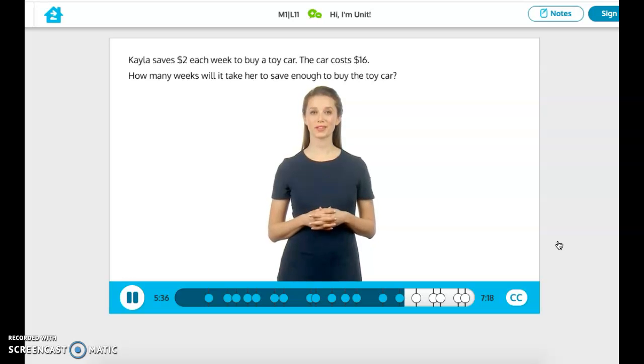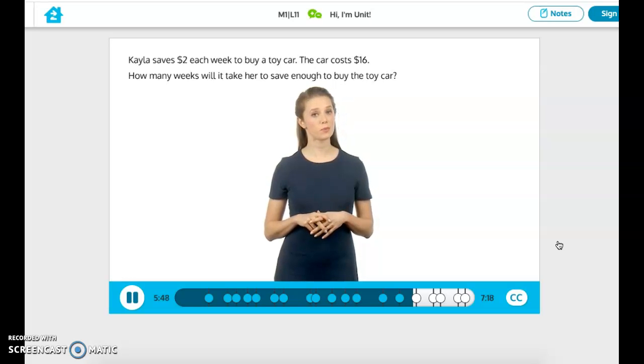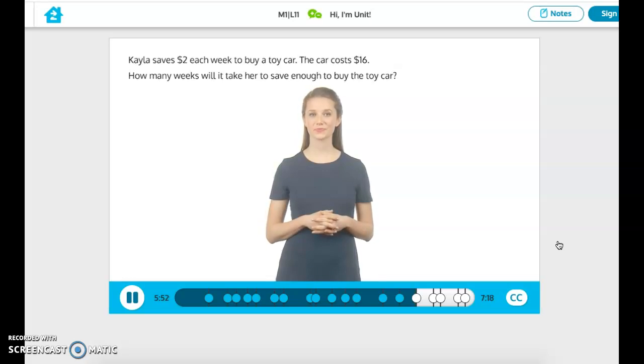One more problem. Kayla saves $2 each week to buy a toy car. The car costs $16. How many weeks will it take her to save enough to buy the toy car? Create an array to represent this problem. Use a disk to represent each dollar.